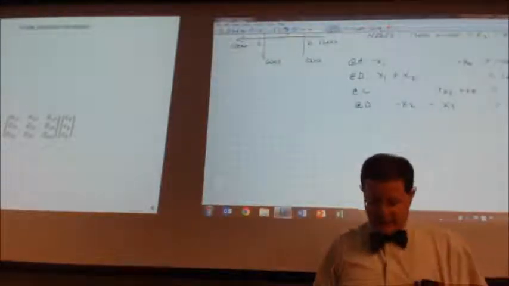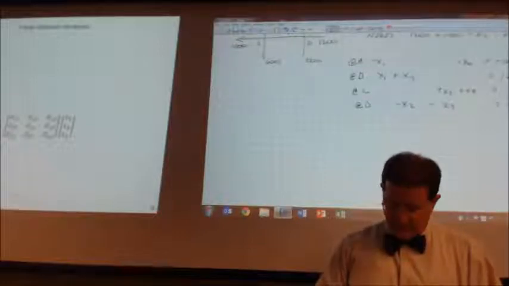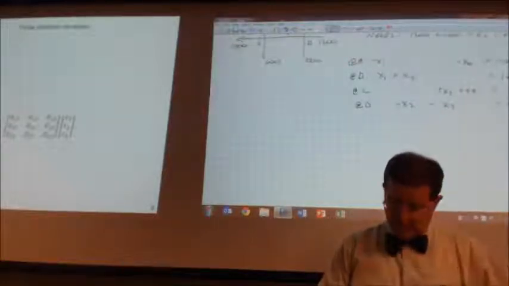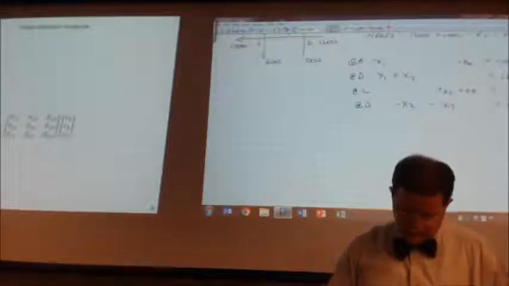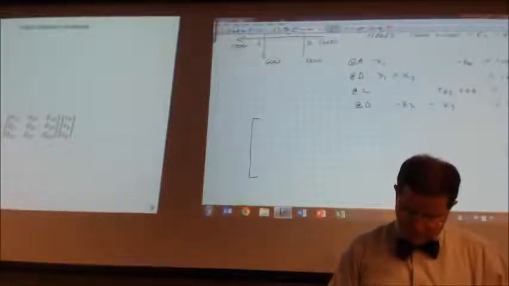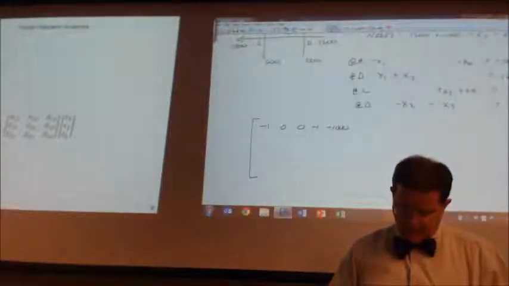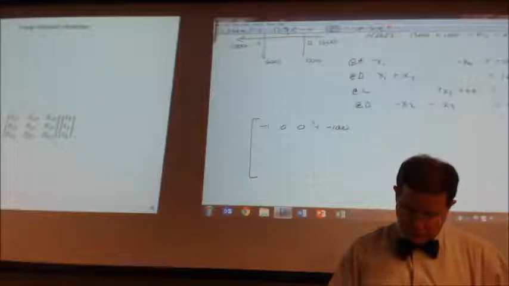Okay, so let's go back to this problem. If we reorganize this, if I say -1, this is 0, this is 0, this is -1, and this is -1,000. Make those all positive. Oh, that's true.